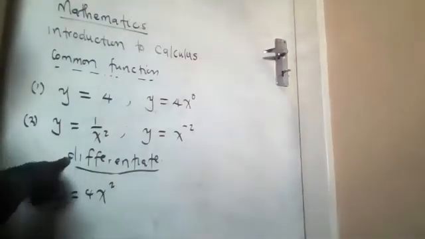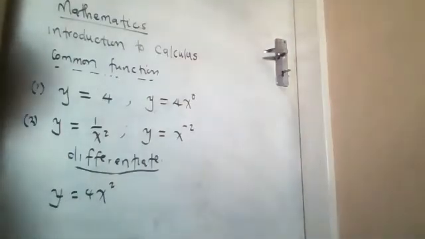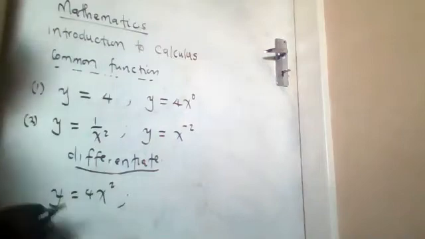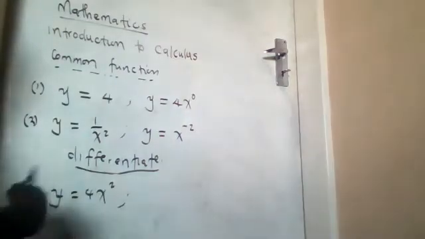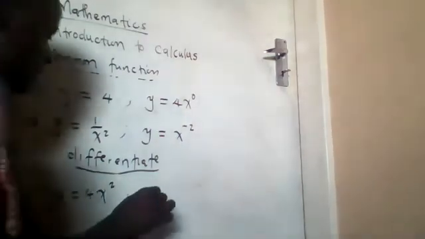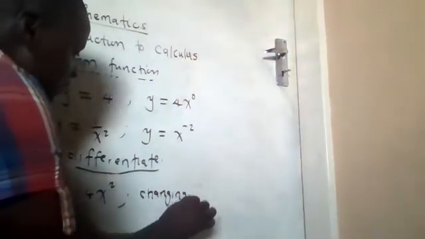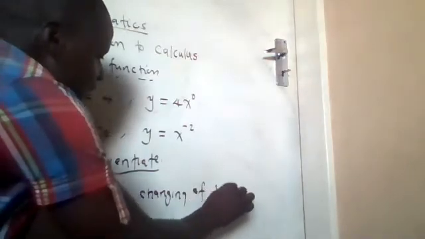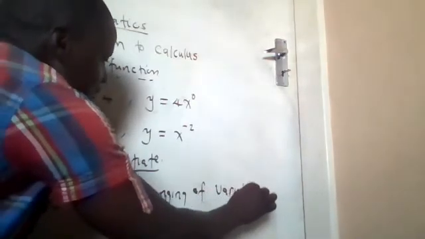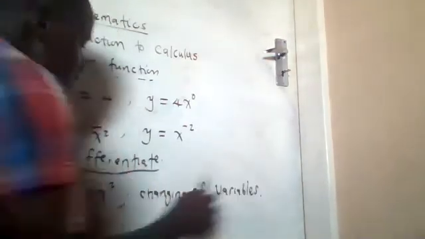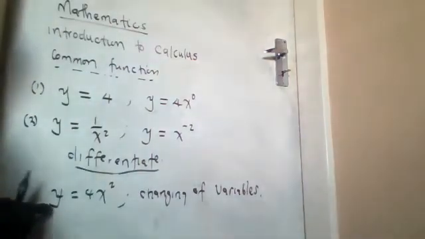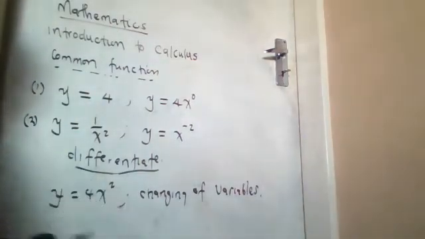Now, when you're told to differentiate, what are you supposed to do? We have to look at how the variables are changing. We're just talking about the changing of variables. Which variables are they? The variables are y and x. How are they changing?